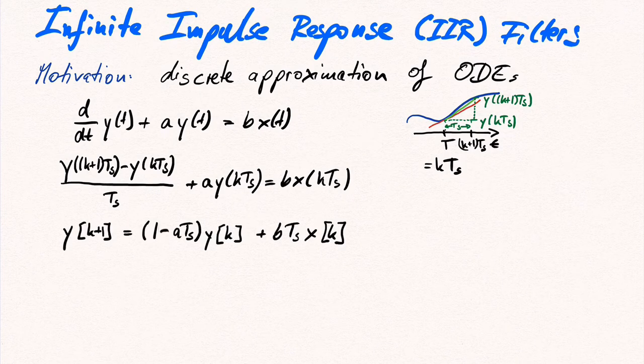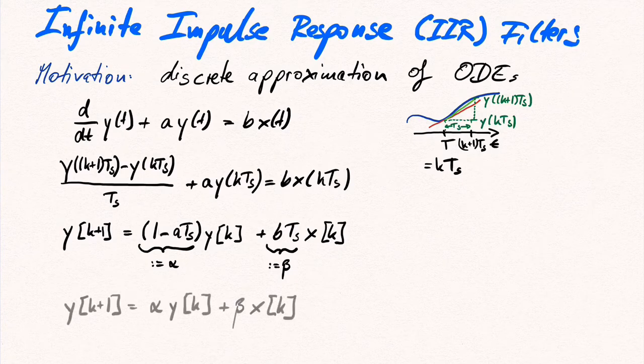Using discrete time signal notations, y at k plus 1 is hence equal to 1 plus a times Ts, y of k, plus b times Ts, x of k. For convenience, we denote the factors 1 plus a Ts as alpha and b times Ts as beta, such that we get the input-output equation of this first-order infinite impulse response filter: y at k plus 1 is equal to alpha y of k plus beta x of k.